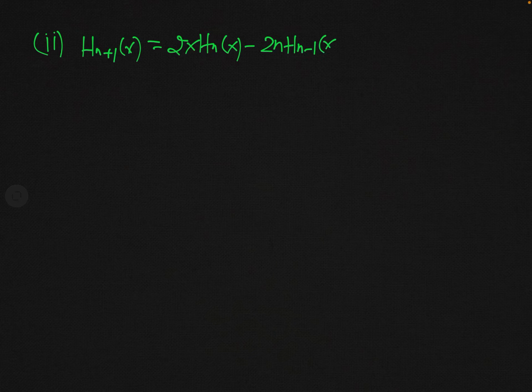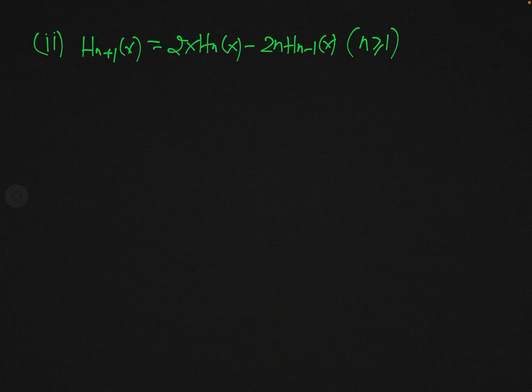So second recurrence relation is Hn plus 1 of x equal to 2x Hn of x minus 2n Hn minus 1 of x, and this result holds when n is greater or equal to 1.